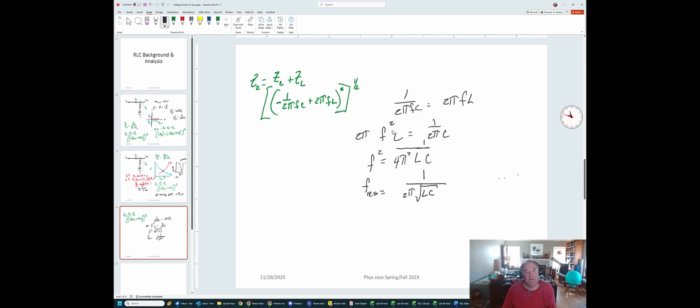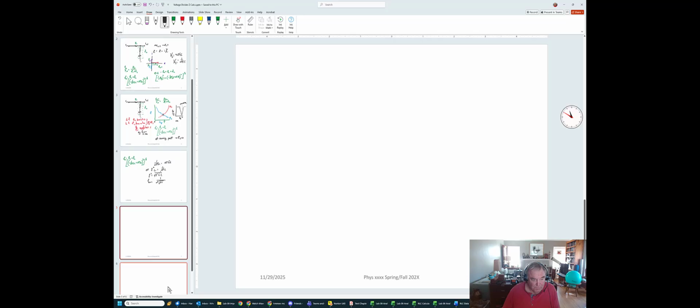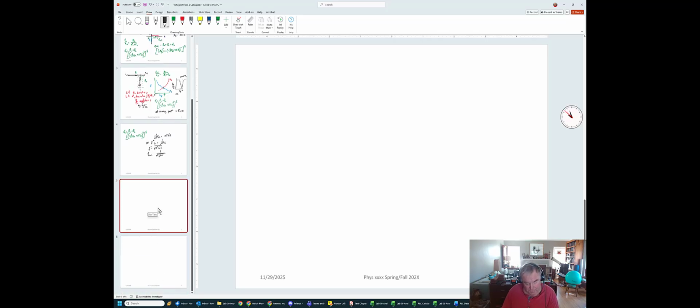Now, the other circuit we're exploring is the parallel RLC. And in this case, we have a resistor once again.